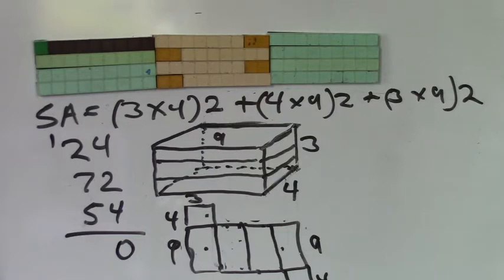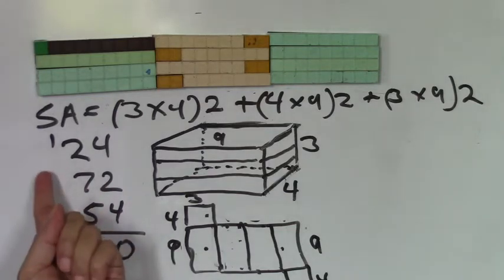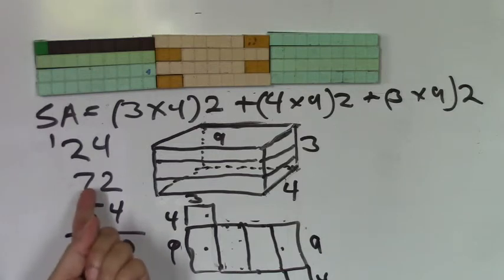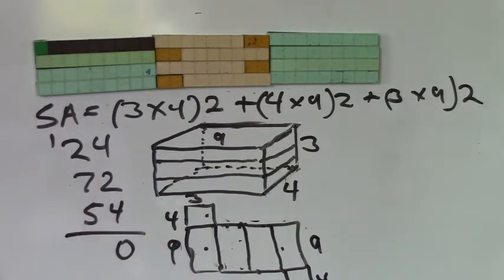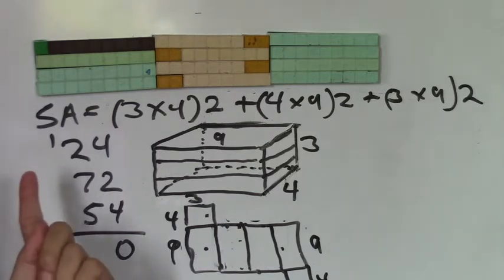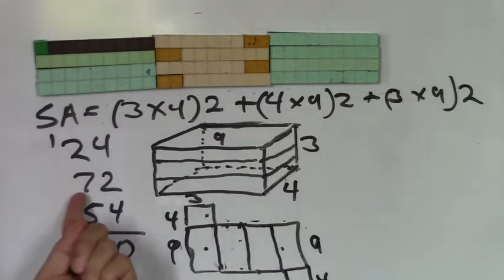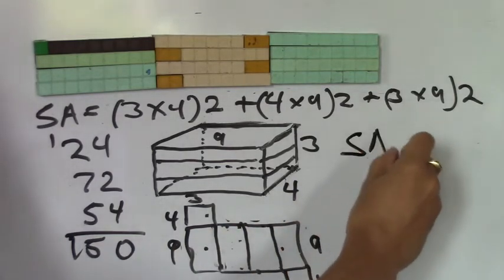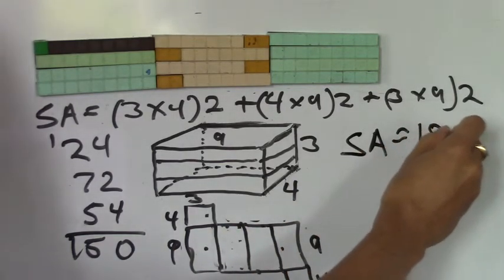The way I did it was 20 plus 70 plus 50, and then I added the units. The way I would do it is I make a 10. So I've got 3 and a 7 is 10 and 5 more. Got 150. That's my surface area. So SA is 150.